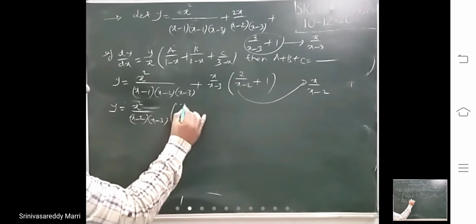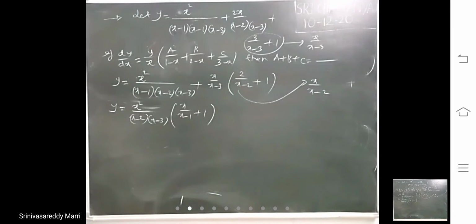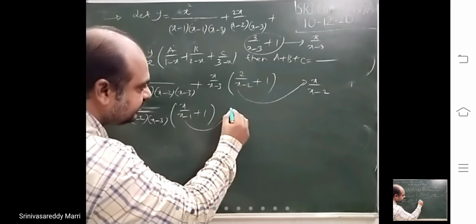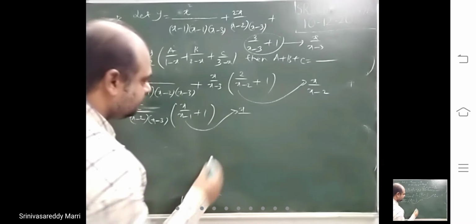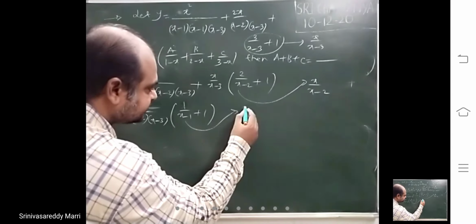So what you will get here, x by x minus 1 plus 1. Right? If you take the LCM, what you will get here, these both plus x by x, sorry, 1 by x minus 1 plus 1.